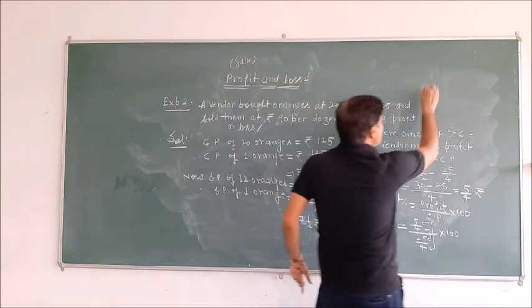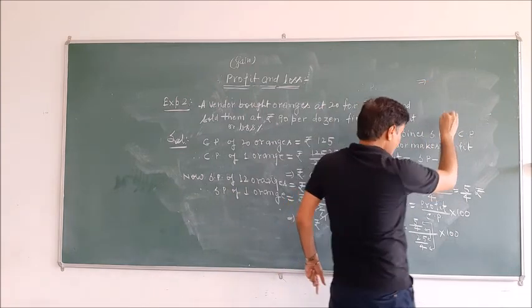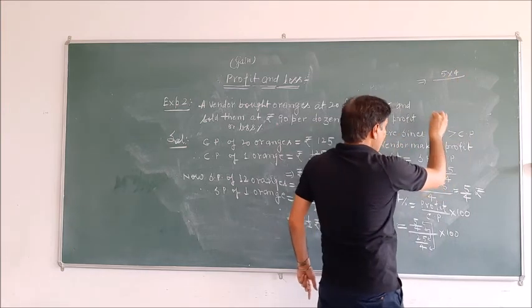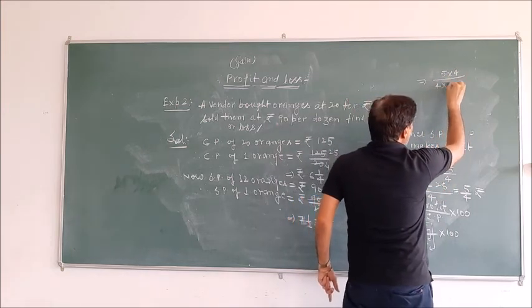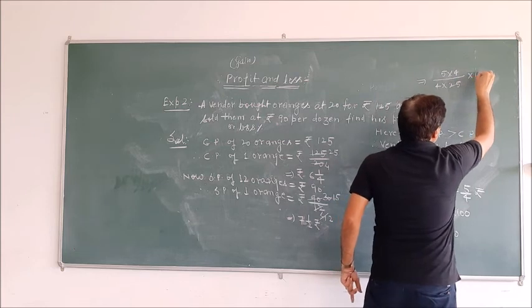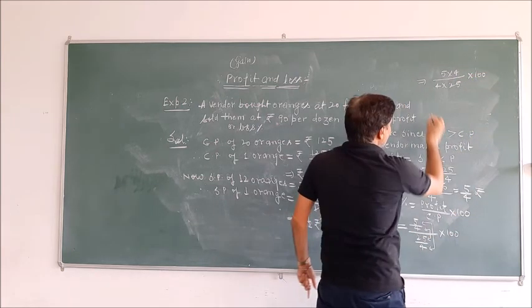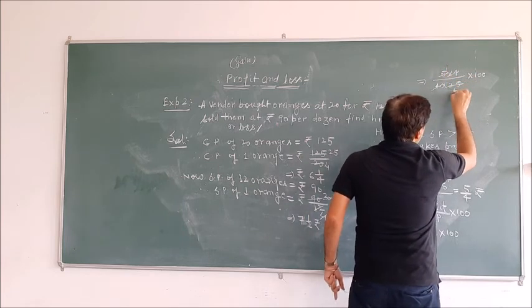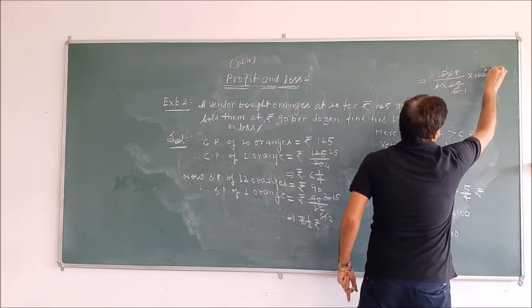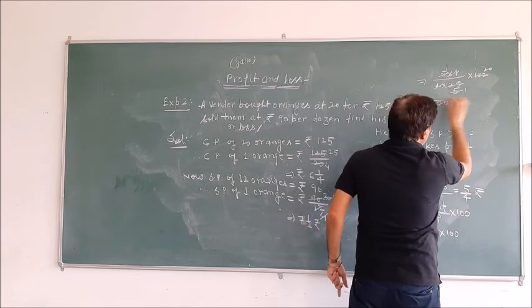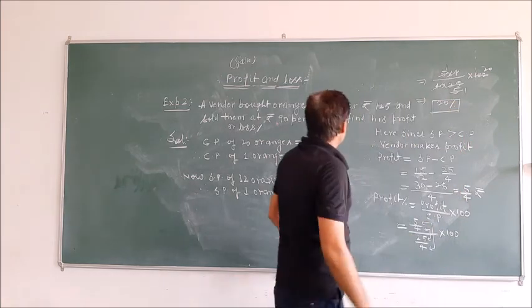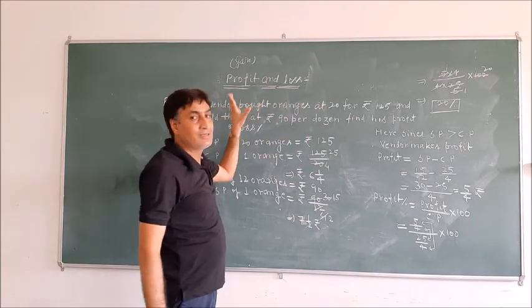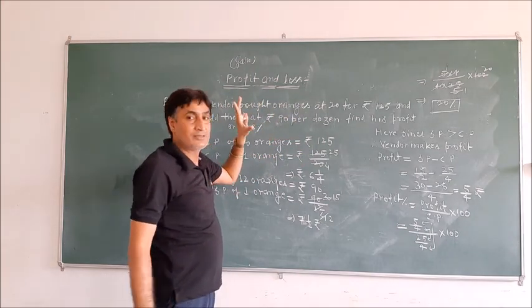So now this expression becomes 5 multiplied by 4 divided by 4 into 25, and this whole multiplied by 100. 4 and 4 cancel out, and this becomes 20%. So this vendor makes a profit of 20% in this whole transaction.